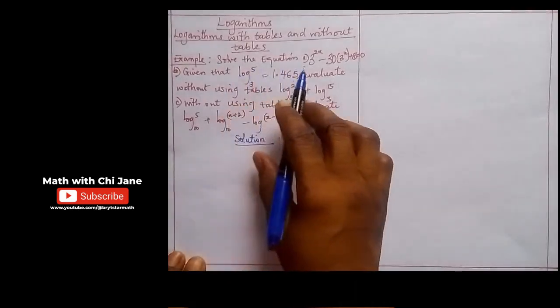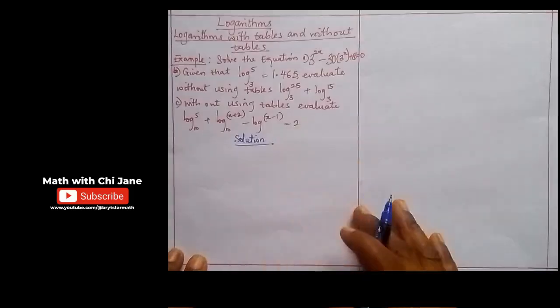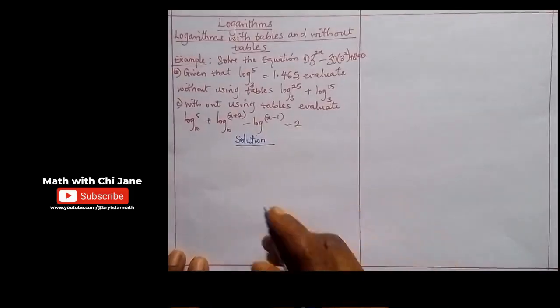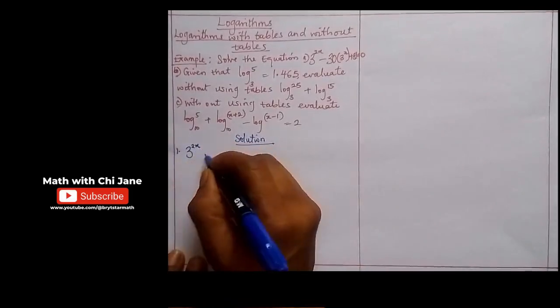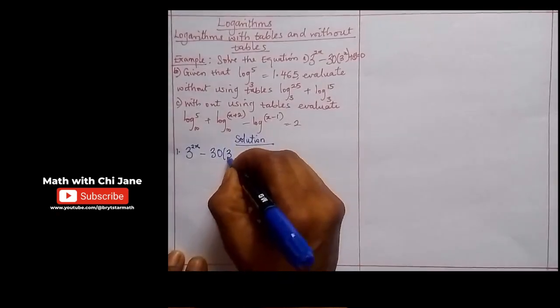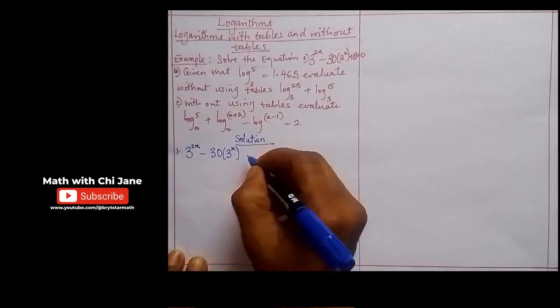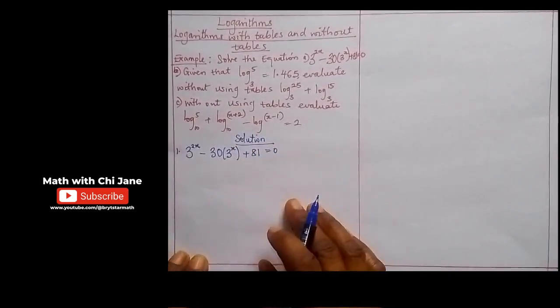The first one is: solve the equation. This is still logarithm. It says 3 to the power of 2x minus 30 times 3 to the power of x plus 81 is equal to 0.